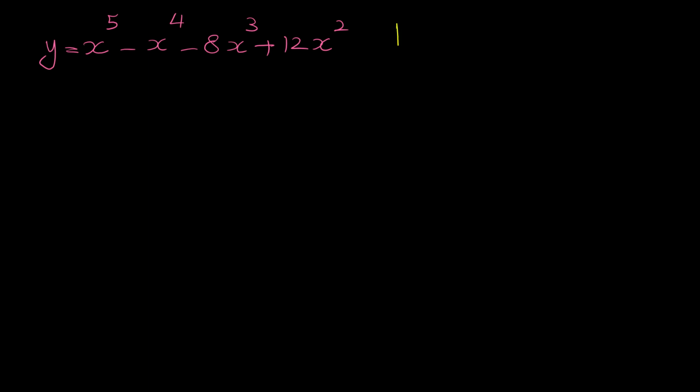So the degree is 5, it's odd degree, and the leading coefficient is positive. But for finding the x-intercepts, we have to factor this. It's easy to see that we can factor x to the 2 from all the terms.